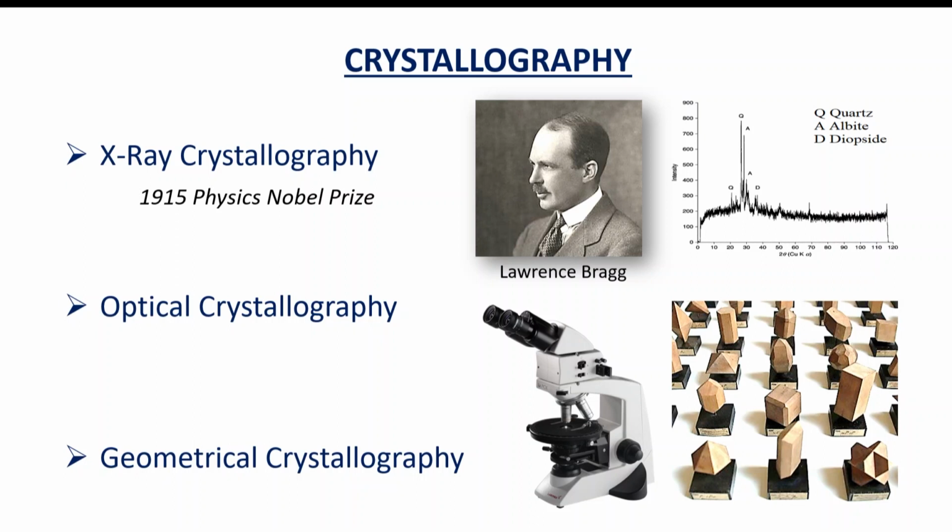From that you can compare with the established 2 theta angles of all the minerals that could be present on the earth surface, and comment whether that material is quartz or albite or diopside. These are different minerals that we will also be discussing when we start our discussion on minerals.